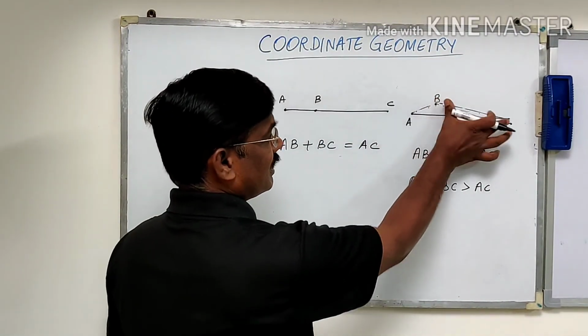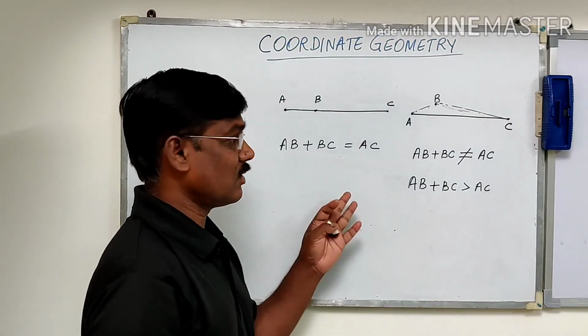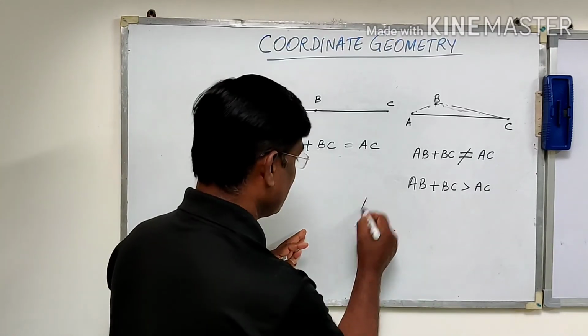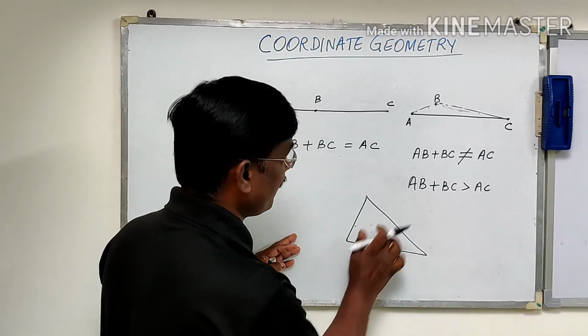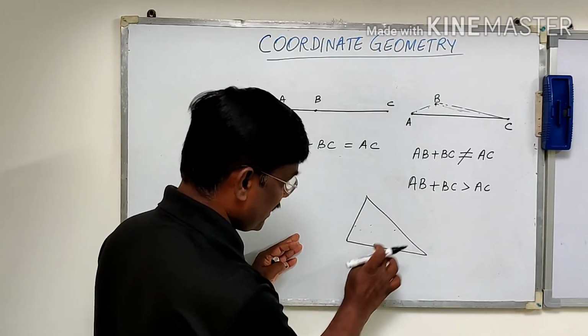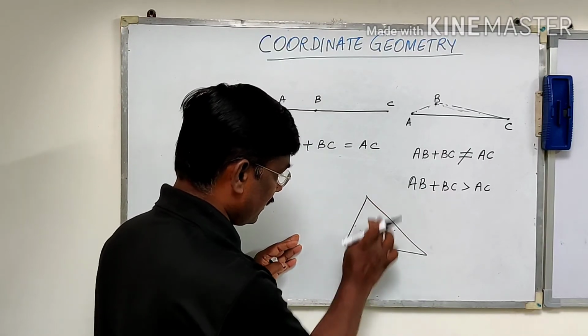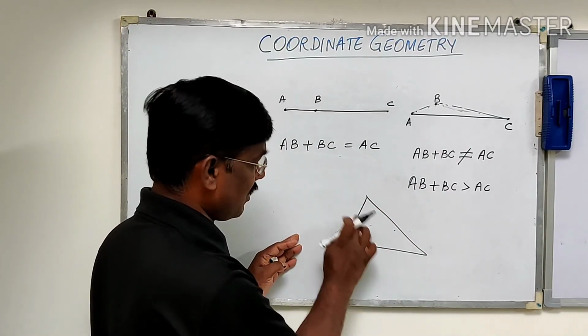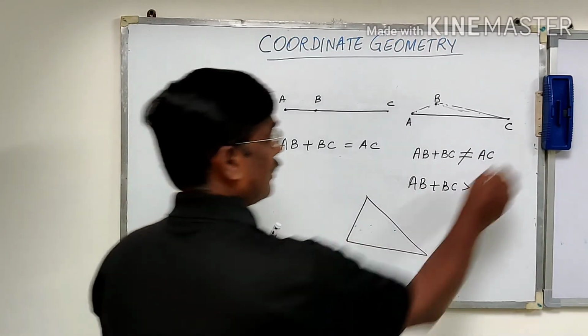The sum of any two sides is always greater than the third. Take this triangle: this plus this is always greater than this side, and this plus this is always greater than this side. So this is the property of a triangle.